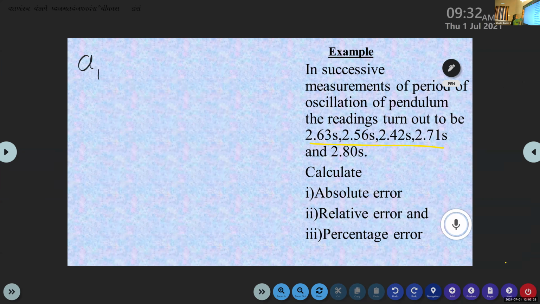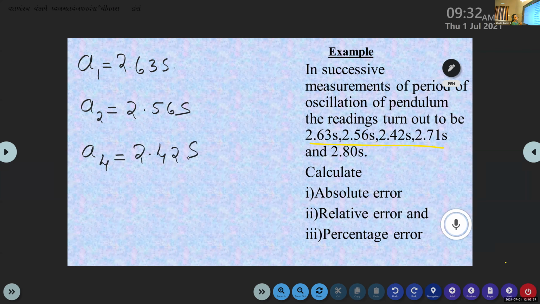So what is A1? The first measured value. Unmute and say A1 equal to? 2.63 seconds. Good. A2? 2.56 seconds. A4 is equal to 2.42 seconds. Okay.